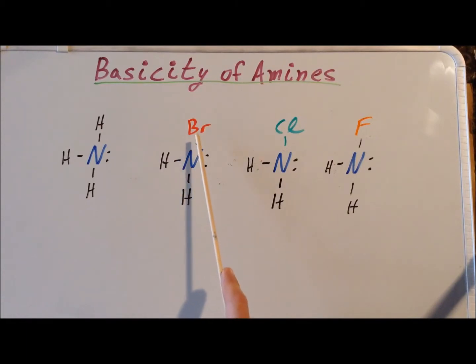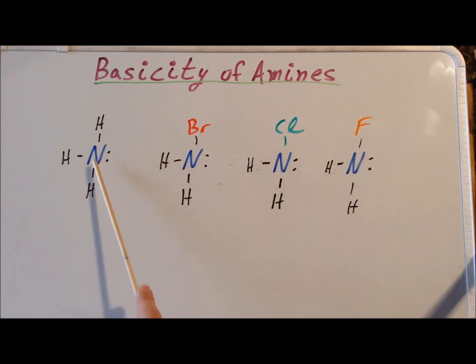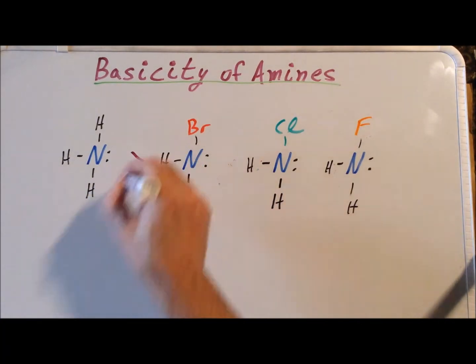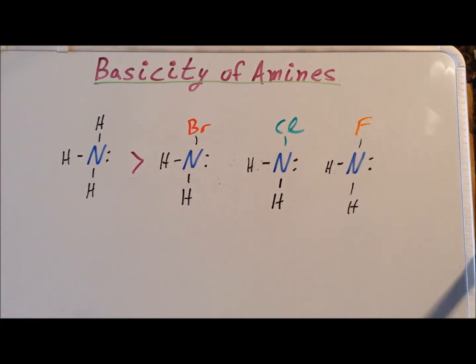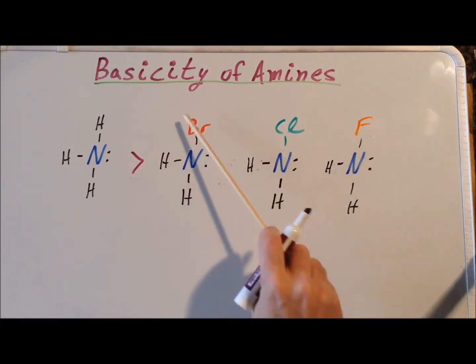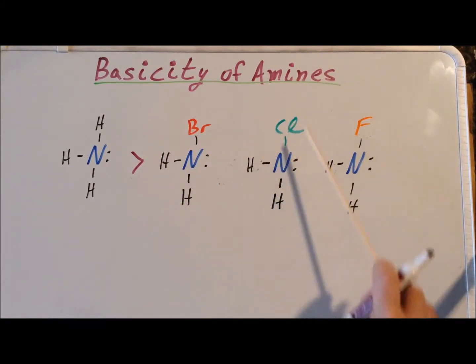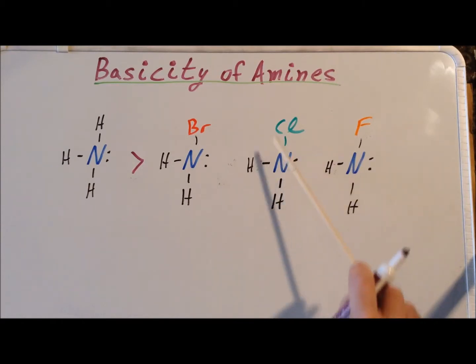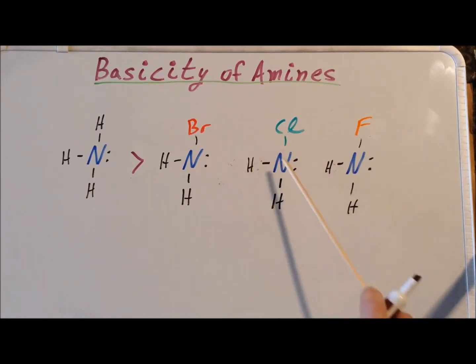So we predict that bromine is going to withdraw more electron density from the nitrogen than hydrogen did, thereby making this compound a weaker base than ammonia. And this is confirmed by calculation. We also know that chlorine is more electronegative than bromine, so we predict that it's going to withdraw more electron density from the lone pair, and thereby make this compound a weaker base than the brominated compound, and this is confirmed by experiment and by calculations.